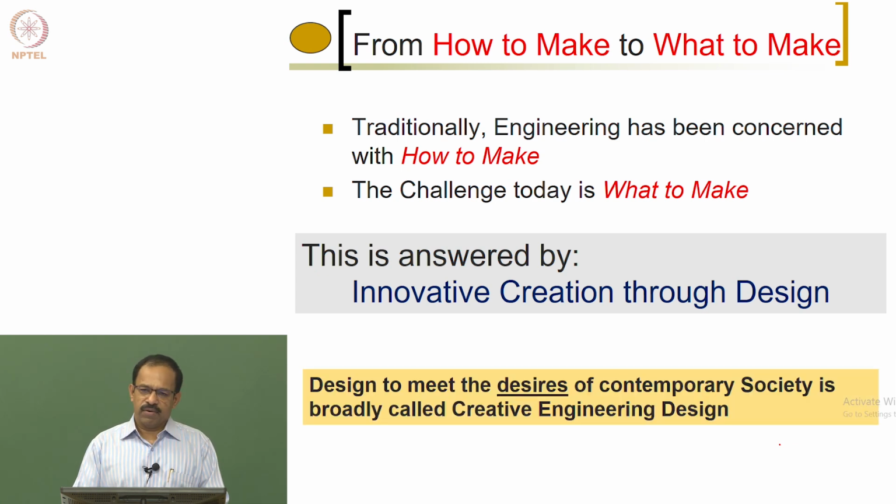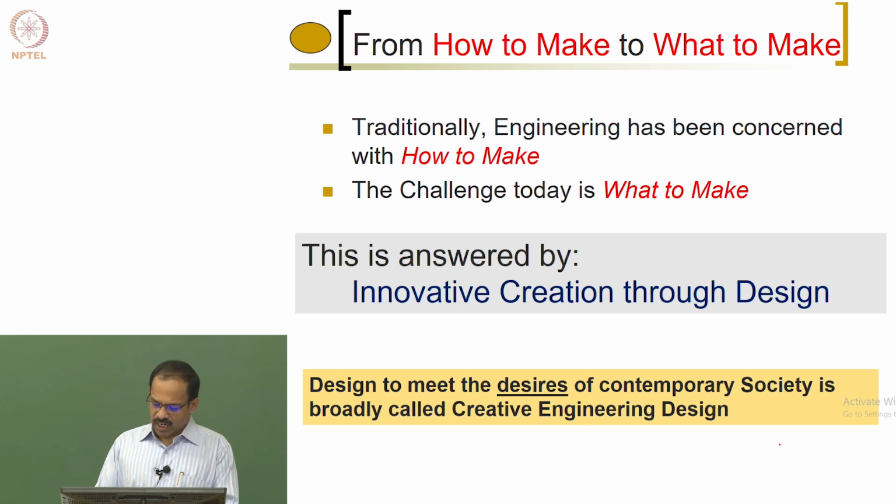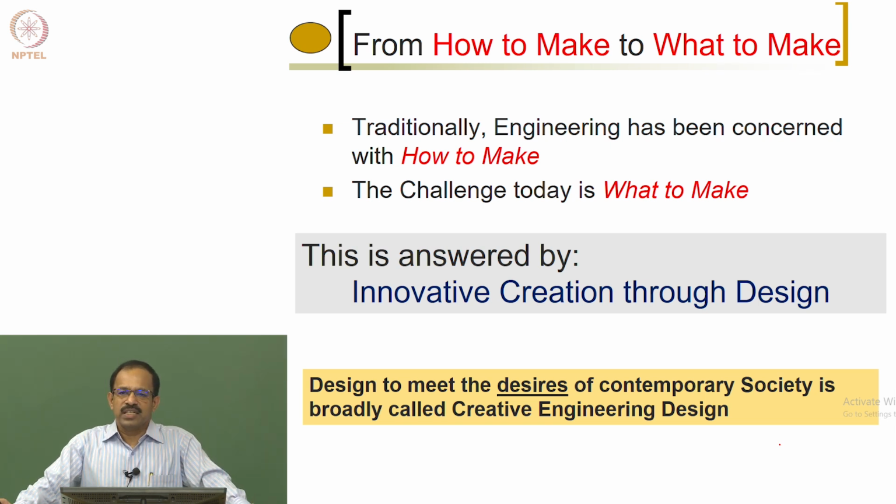So the purpose is to meet the desires of contemporary society, and when you try to do that, we call it creative engineering design. That is, there is a need for something in the market and people are looking for it, and if you can satisfy that through innovative methods, then we call it creative engineering design.